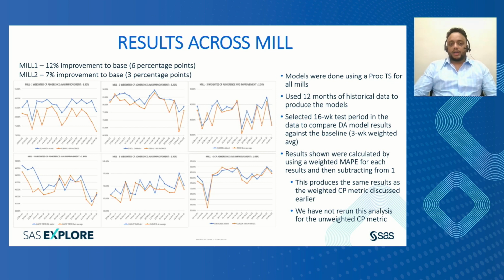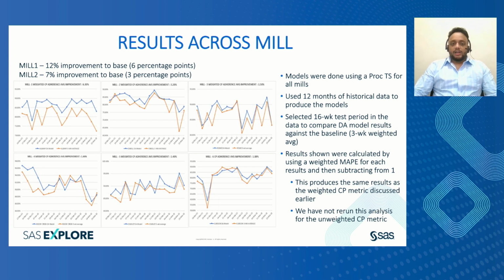The metric is called CP adherence, which is basically conditional probability adherence. If you have a higher adherence, say out of 100 the CP adherence is around 90%, that means you are utilizing 90% of the raw lumber and 10% might be wastage. The actual adherence earlier, before deploying the model, was around 65%.